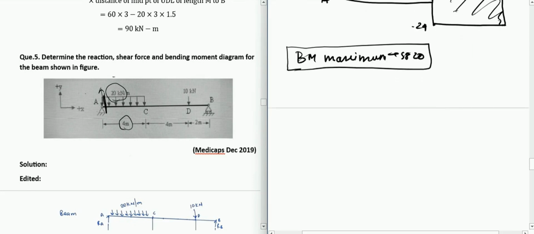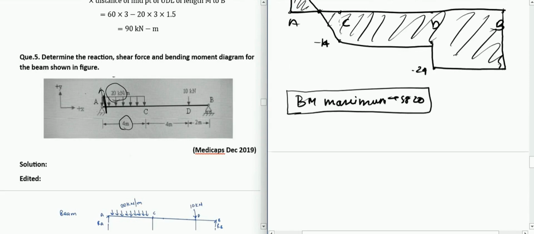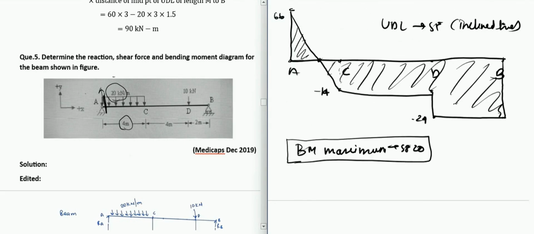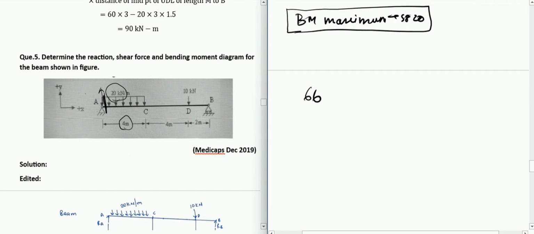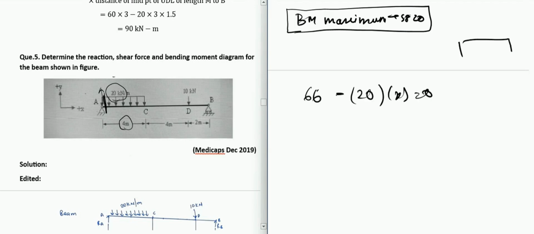So yeah, we can move ahead with the calculation at the point where the shear force is becoming 0, because we need to calculate bending moment at that point also. So what we have here is 66 kilonewton in the upward direction, minus 20 kilonewton per meter into some x distance, which will go to 0. So let us say this is the UDL.